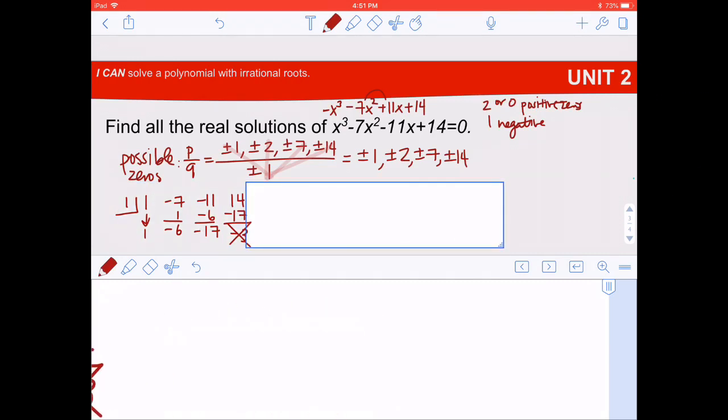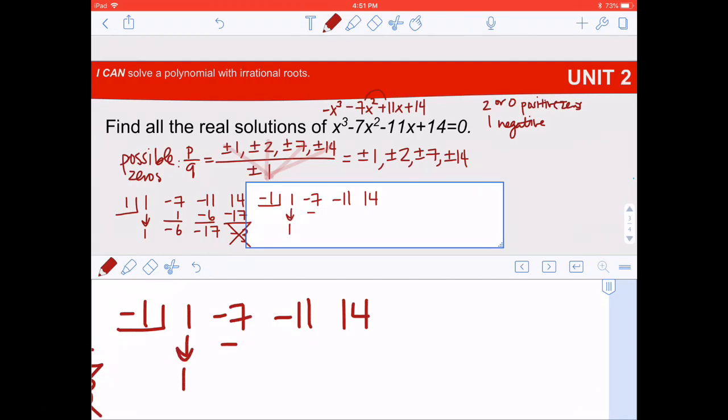We can try negative 1. So here we go again. Oh, that's all my terms. Am I missing any? I am missing one. I'm missing 1. 1, negative 7, negative 11, and positive 14.